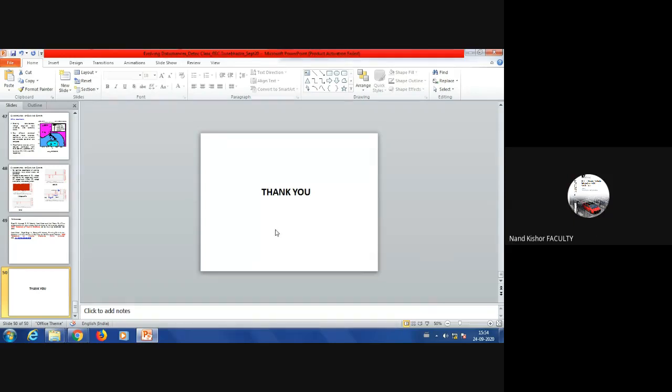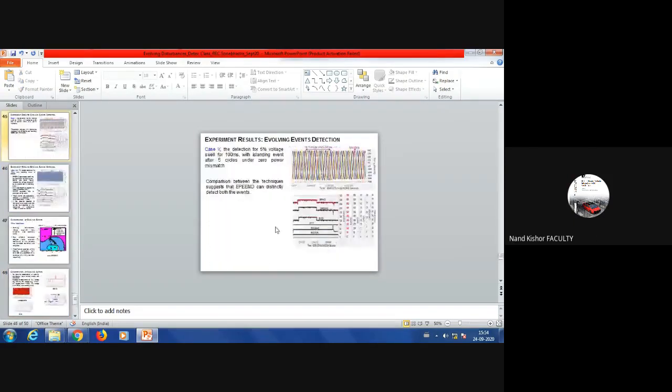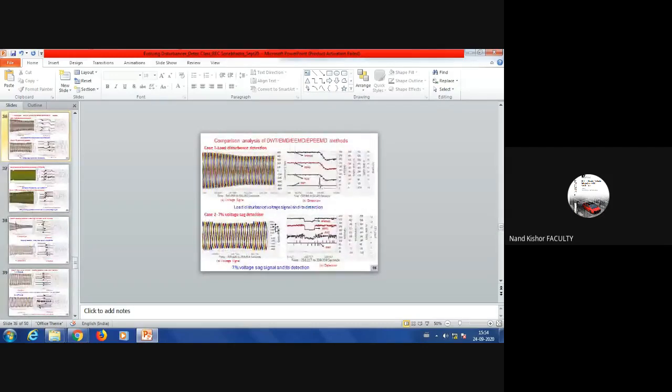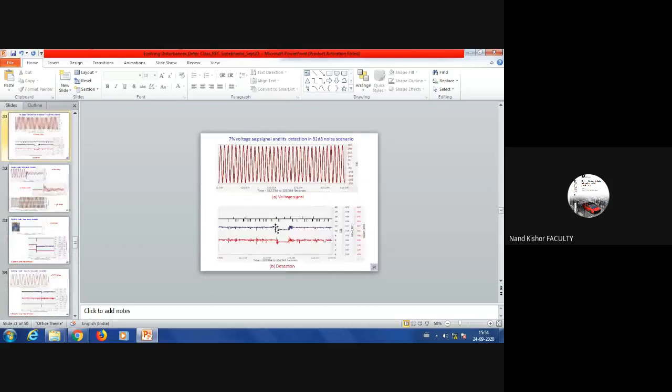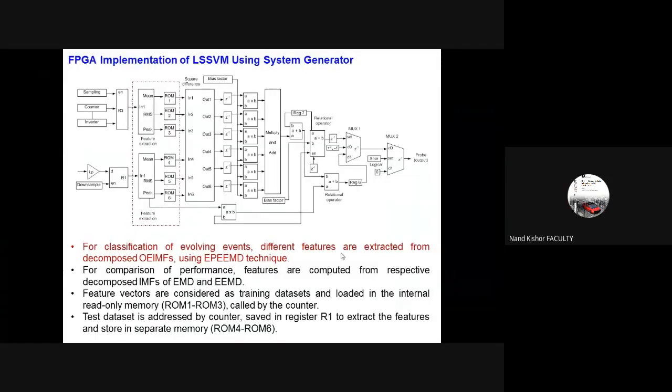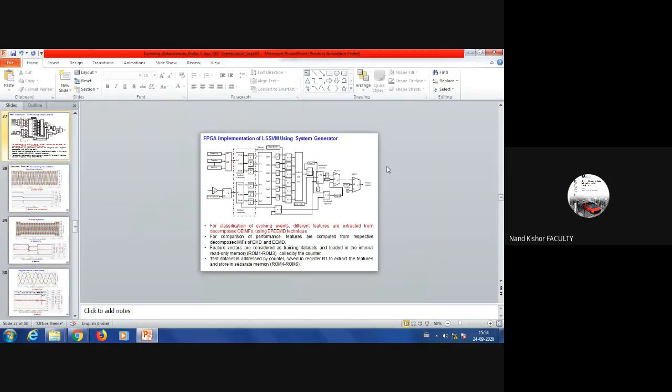Q: Sir, the classification was done here in real time for all the power quality problems. What kind of classifier is used there? You didn't mention any classifier. A: I had it in my slide: it is the least square support vector machine, LSSVM. This slide just shows that, because I have not discussed the least square support vector machine algorithm mathematically.